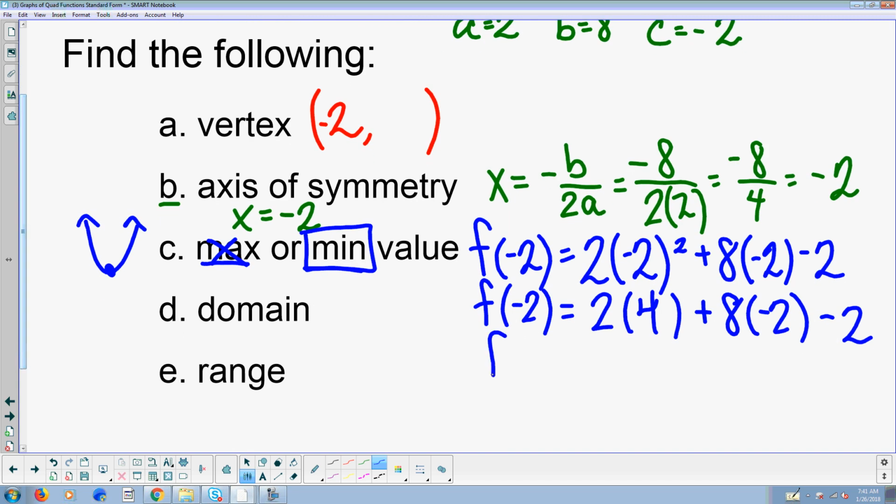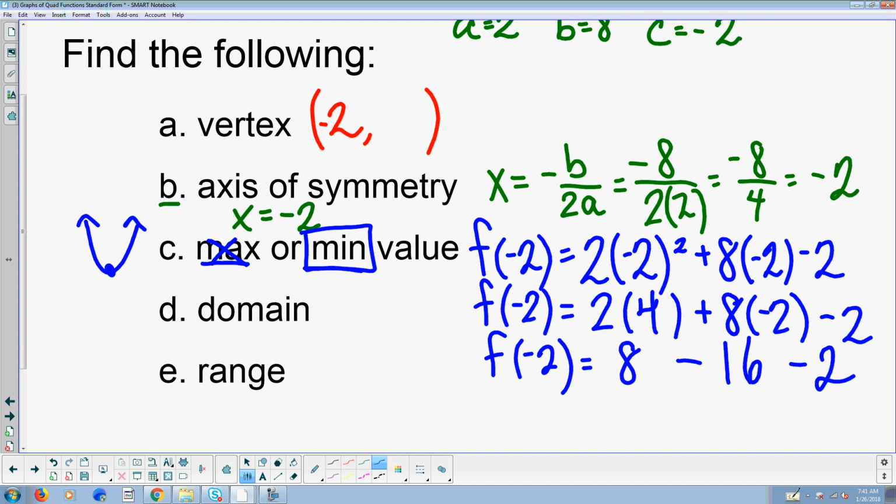So I see multiplication in 2 times 4, which is 8. I see multiplication in 8 times negative 2, which is negative 16. And then I'm just going to bring down my minus 2.